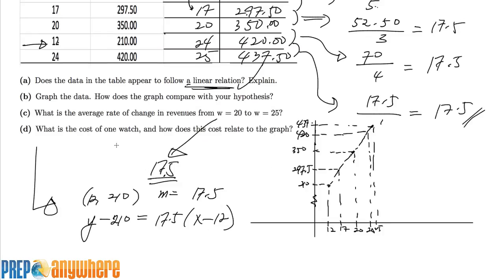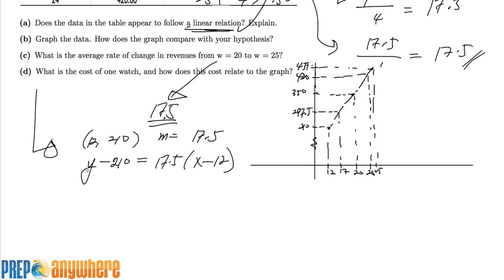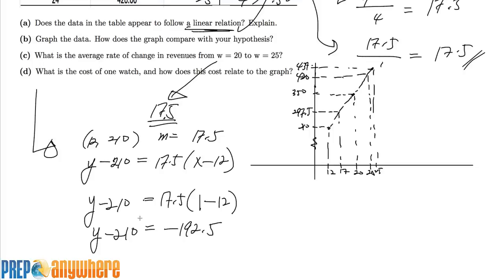In here, you just have to plug in x equal to 1 to find out the cost. So y is the cost, x is the number of watches. So 17.5, x replaced with 1. So 17.5 times minus 11.